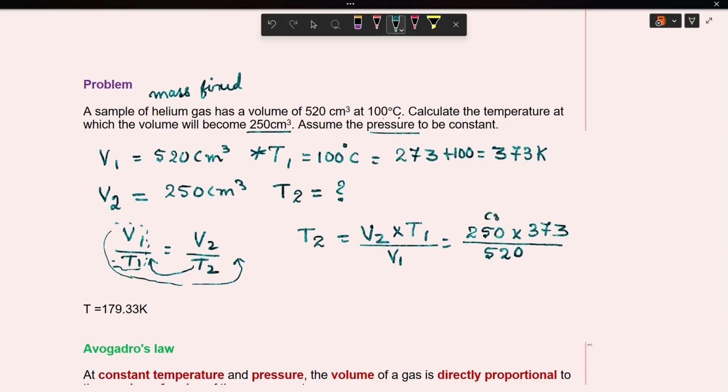This is centimeter cube, this is also centimeter cube, and this is Kelvin. These two will get cancelled and the unit of this will be Kelvin, and the answer is 179.33 Kelvin. So, that is the answer, just solve for it and you will get it.